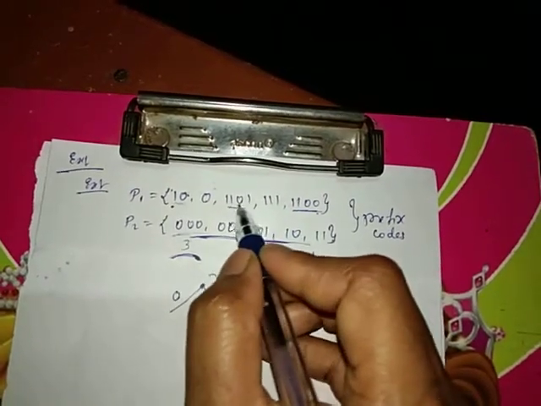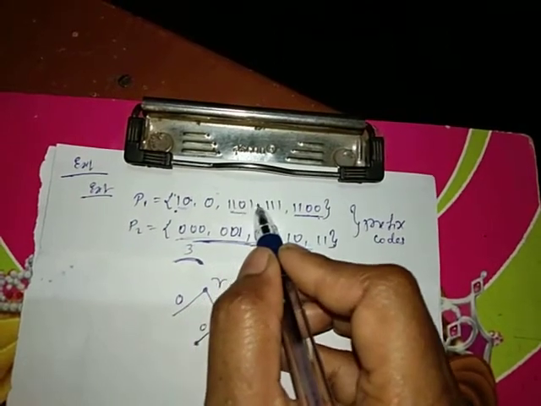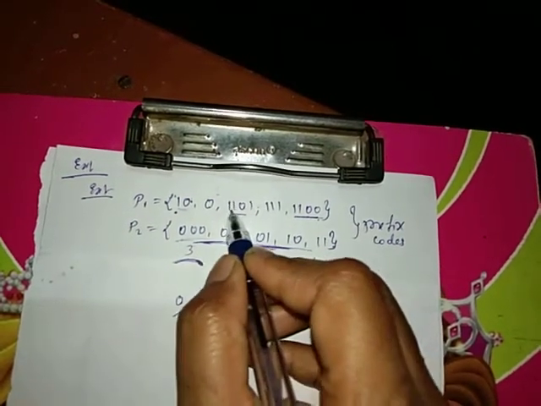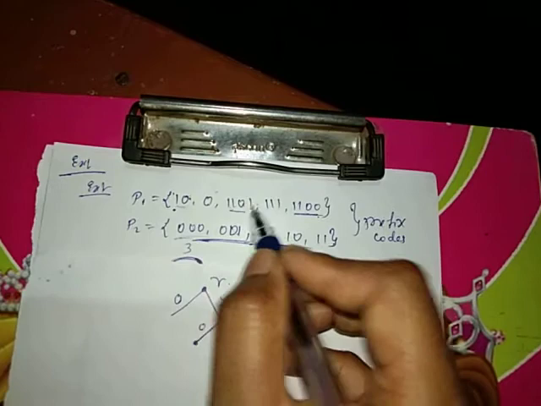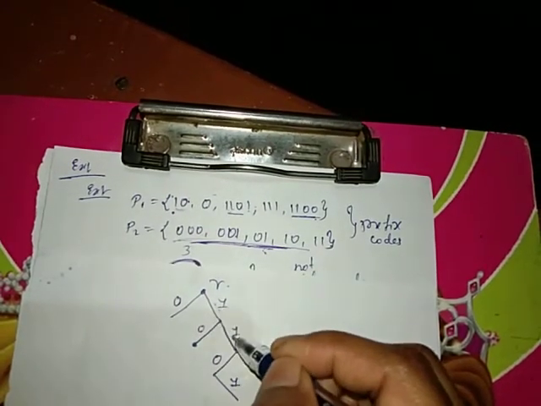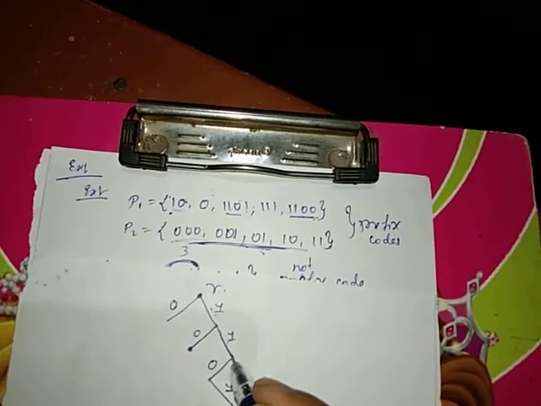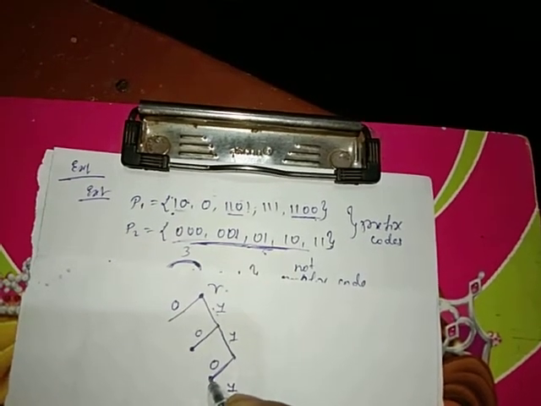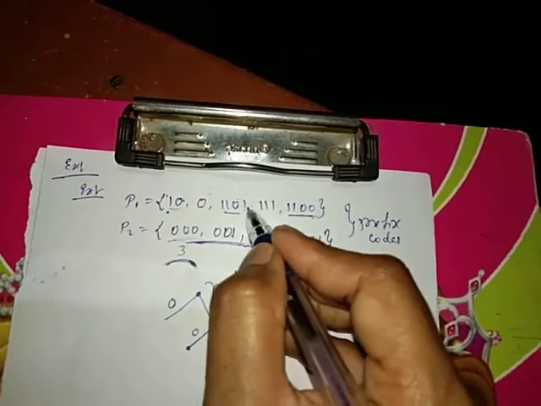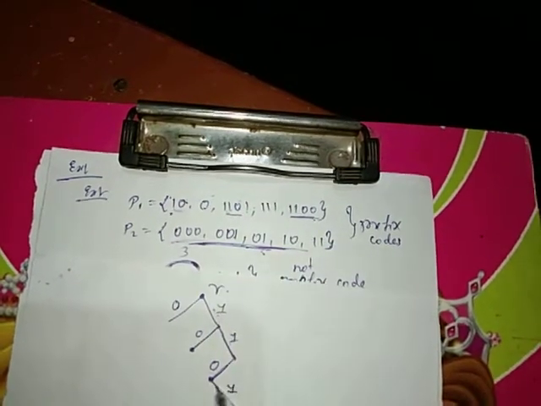Now come to this sequence 1 1 0 1. First we already have a 1 1. To get a 0, move this vertex to the left side. And now to get the 1, move this to the right side.